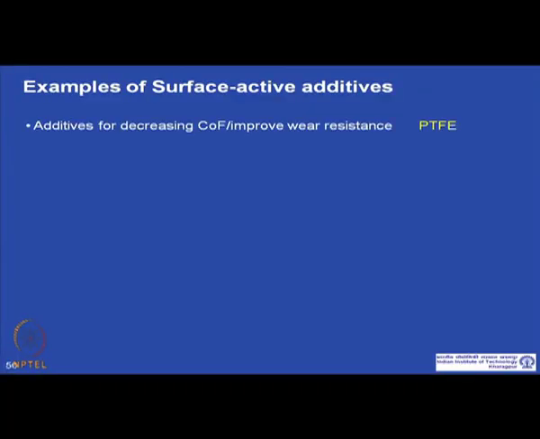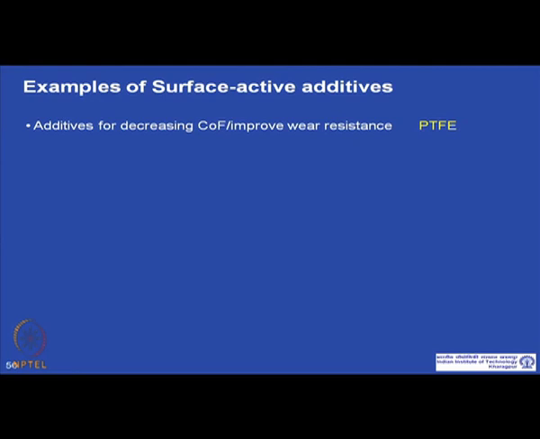Those are a few examples of surface active additives. Now, like the other additives we talked about, they could be small organic molecules or inorganic molecules, or they could be oligomeric or polymeric additives as well. For example, PTFE, polytetrafluoroethylene, is added to the polymer to improve the wear resistance or coefficient of friction.